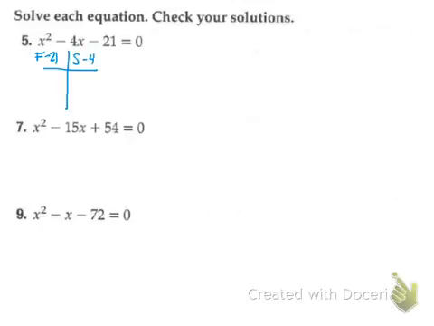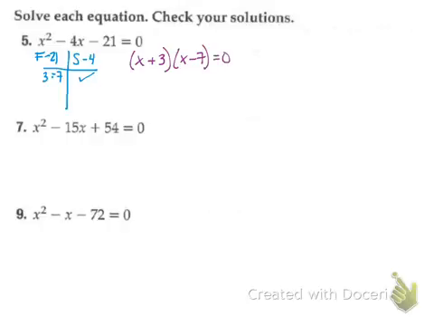So I know 1 and 21 is not going to work. What about 3 times 7? I see my sum has to be negative, so the bigger number is going to be negative. That'll work for us. So I go ahead and I write my factored version: (x + 3)(x - 7) = 0.